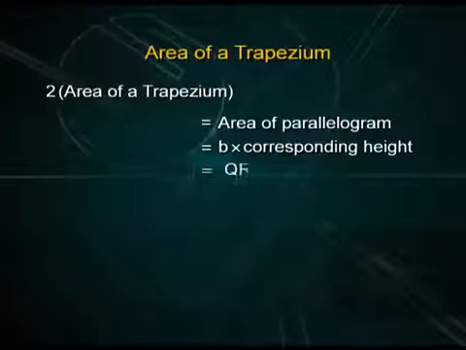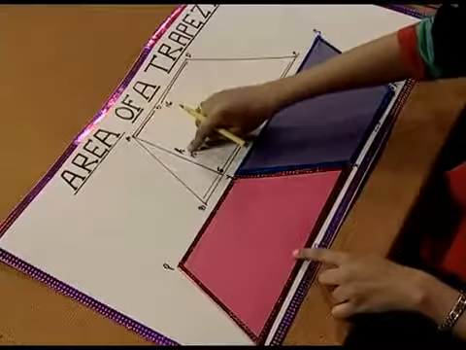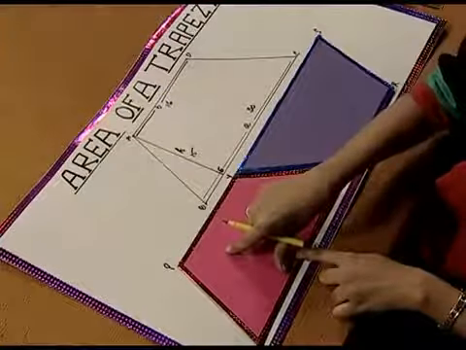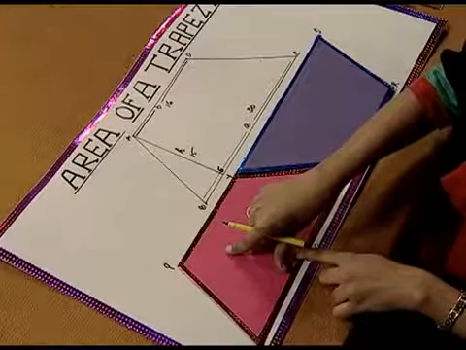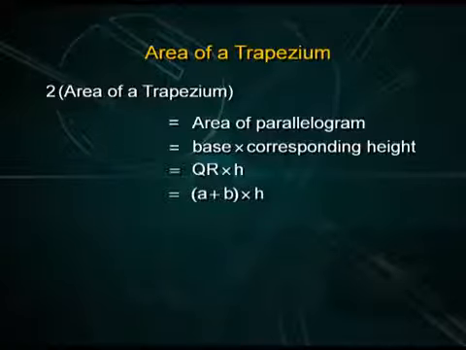So we can write here, base is QR into corresponding height. Now what is the height in this? Since this parallelogram is made up of trapeziums, and the height of a trapezium is h units, similarly the height of the parallelogram is h units. So this is h, and right now we have seen QR is a plus b into h.